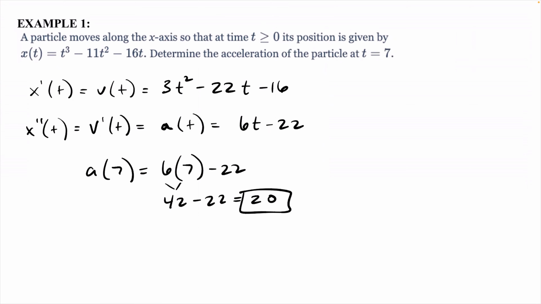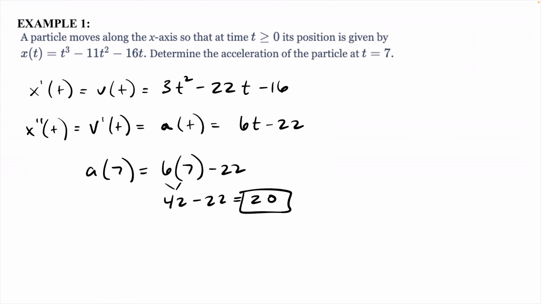So position is just distance: miles, meters, inches, right? Velocity is distance over time: miles per hour, miles per second, feet per second, centimeters per second, those types of things. What is acceleration?